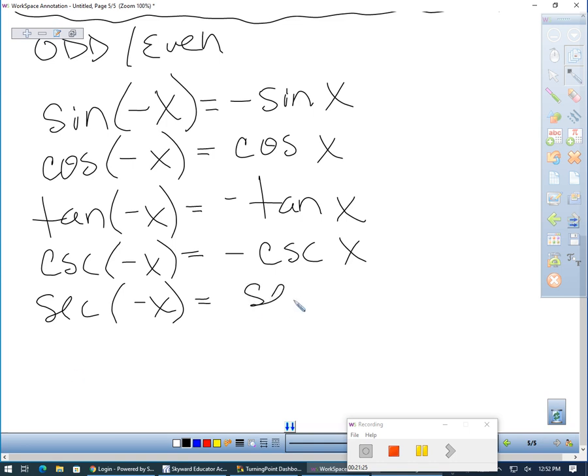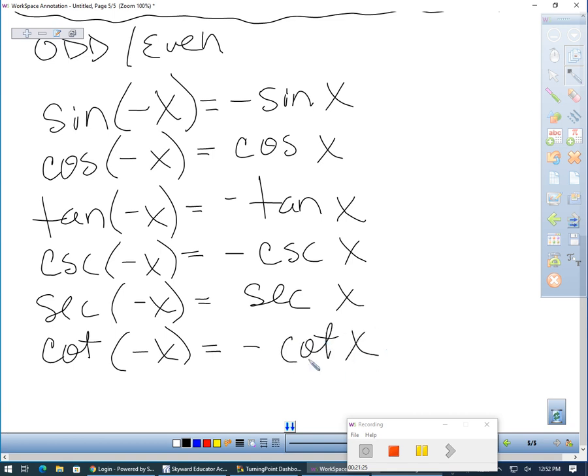So we just have secant x. And of course, the last one we have is cotangent. The cotangent of a negative angle is a negative cotangent x. All right, so we're actually going to take all of these we just wrote down in the next section in our homework. Okay? So, let's try one.